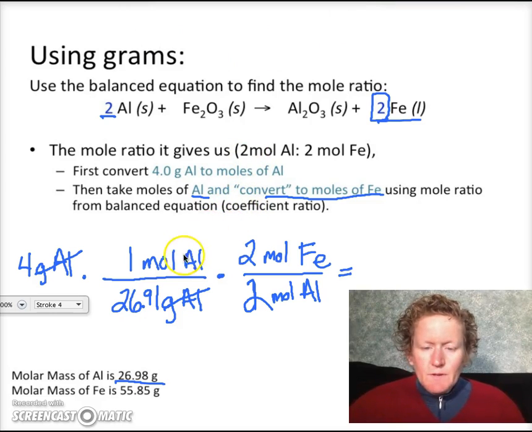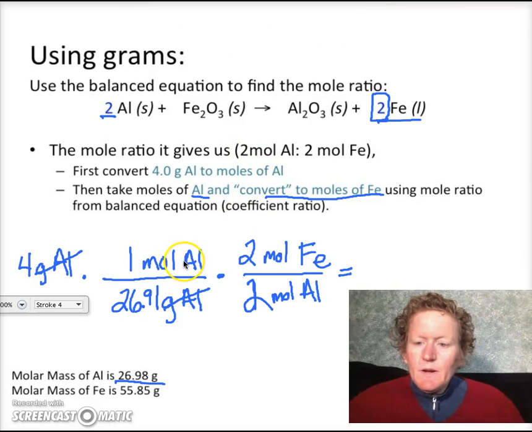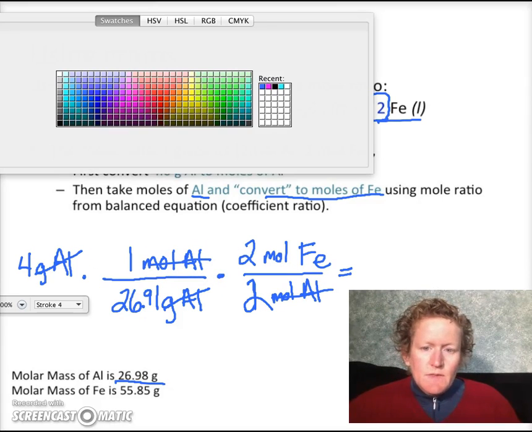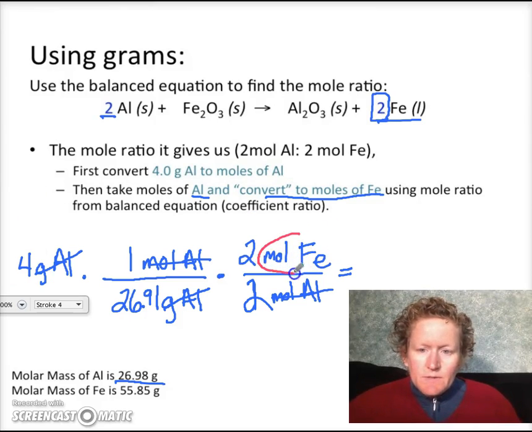Now, we just wanted our original answer in moles of iron. So that's where we are right now. We've canceled out moles of aluminum, and you notice that the only unit left is what we wanted our answer in. We wanted our answer in moles of iron. So now we can just do the math.